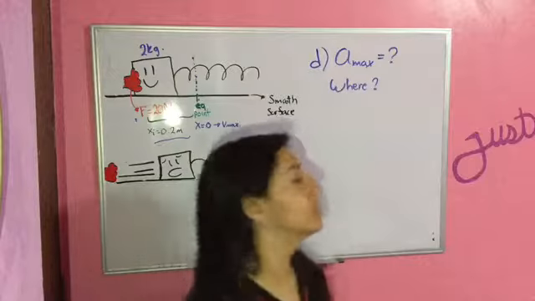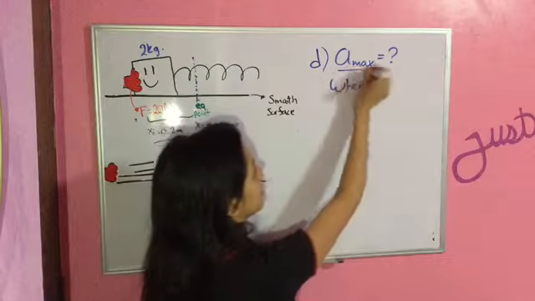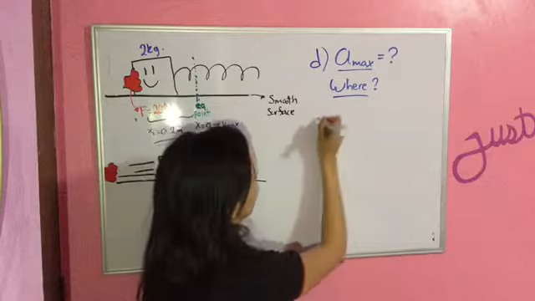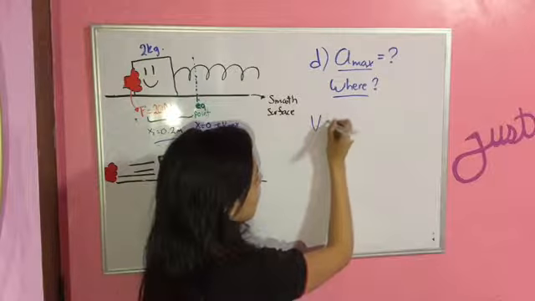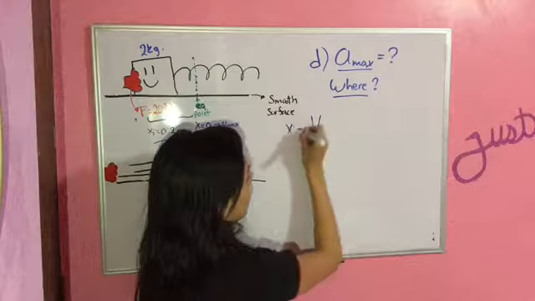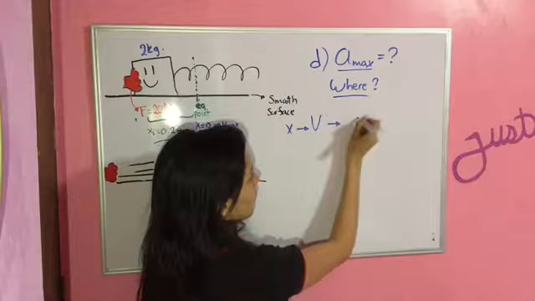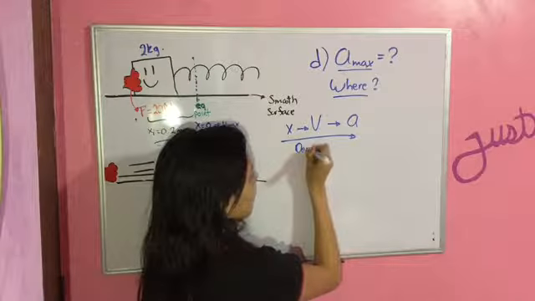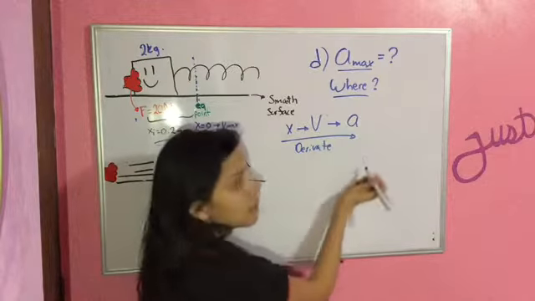The fourth question is asking us for the maximum acceleration of the object and where that maximum acceleration is achieved. So we know that v comes from x, and that gives us the acceleration. The only thing we have to do is to derive this.